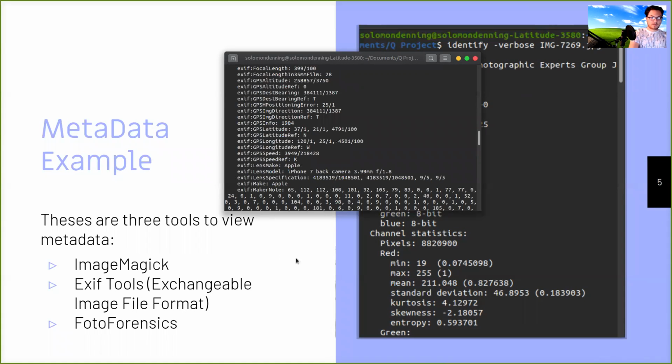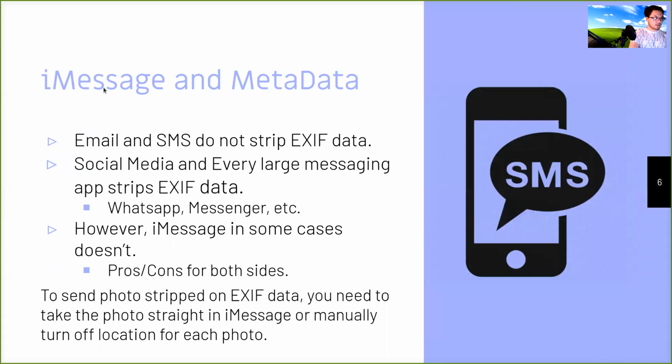And the reason why this should be important to us is due to iMessage. There was a Forbes cybersecurity analysis a while ago, or he reported on Forbes a news article, stating that iMessage was basically the only messaging platform that didn't strip this EXIF data. So EXIF data is the metadata of an image. Whenever you send email and SMS, the EXIF data isn't stripped, but that can be assumed.